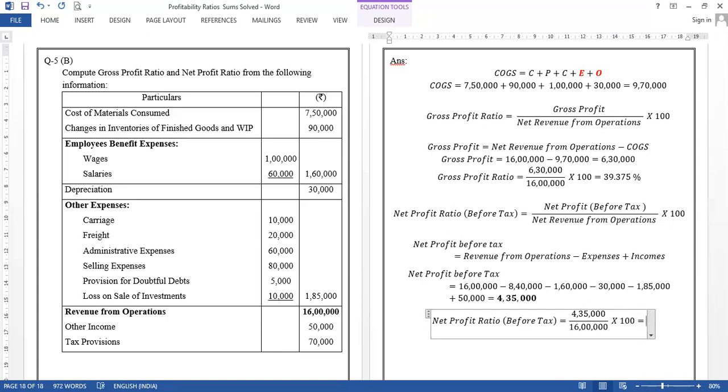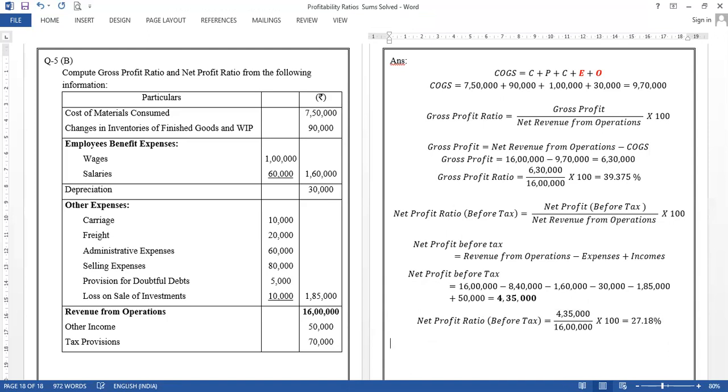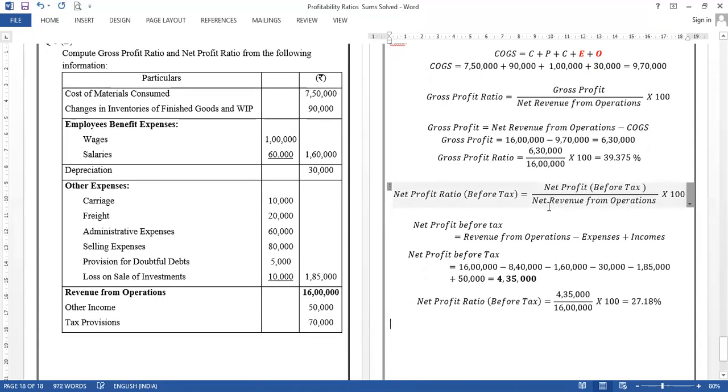So let us calculate this. 4 lakh 35,000 divided by 16 lakhs into 100. This gives me 27.18 percentage. So we are done with the net profit ratio before tax.